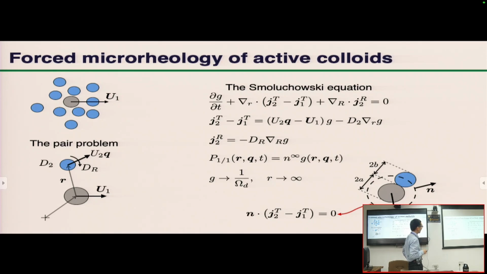That's only true in the dilute limit. And in that case, you only need to consider the pair problem, which is the interaction between the tracer particle that you put in there and a representative suspension particle, which may be active. So we can make use of the equations that we derived previously to study this problem.